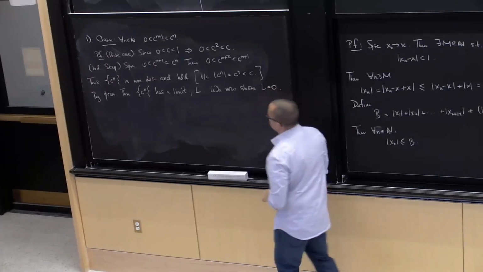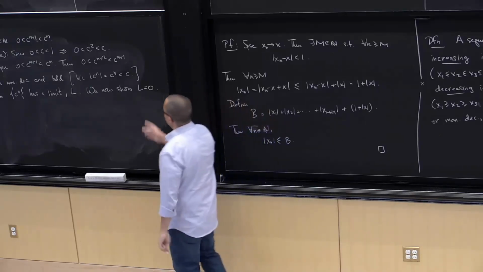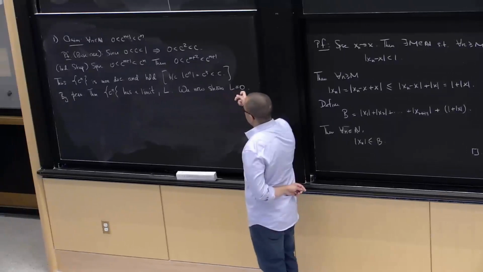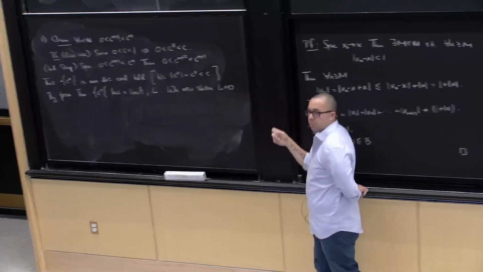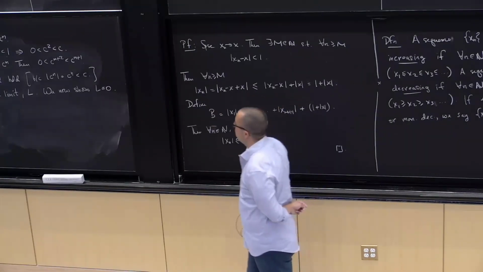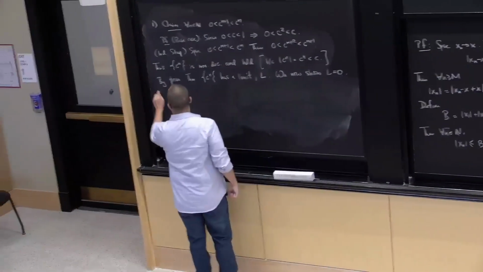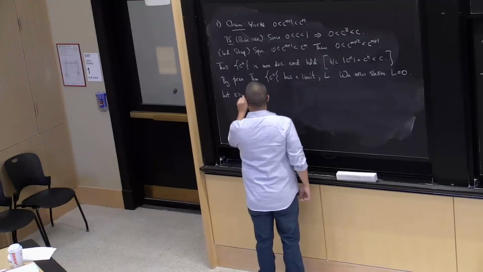And how we'll do that is one of these analysis tricks, or not really tricks, but rather than show L is directly equal to 0, we'll show that the absolute value of L is less than epsilon for every epsilon positive, and therefore it has to be 0 because it's just a fixed number. So let epsilon be positive.